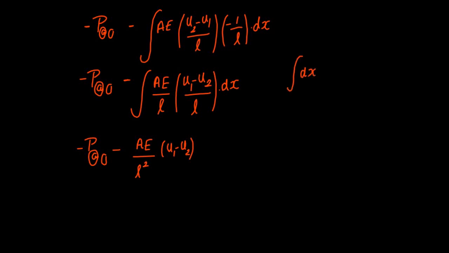And if I substitute the limits 0 to L, I'll be getting L. So the expression is minus the load at x is equal to 0 equals minus AE by L into (U1 minus U2). I can call this equation number 1.